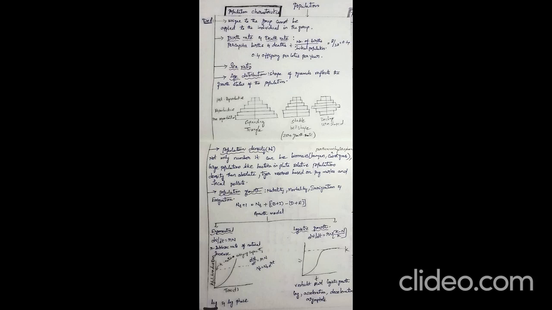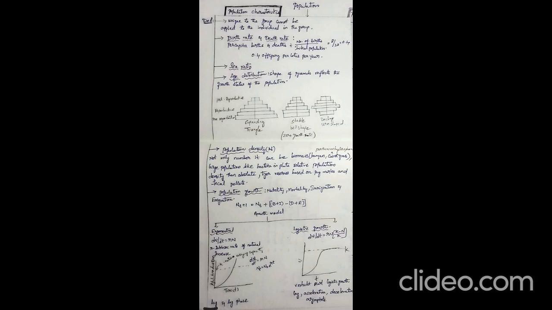And dN by dt equals rN doesn't obey any carrying capacity. It will keep on increasing. Nature's carrying capacity will not have any influence on this growth curve. But here it becomes sigmoid, where once it reaches the carrying capacity, it will be asymptote. That means it will be stagnant.